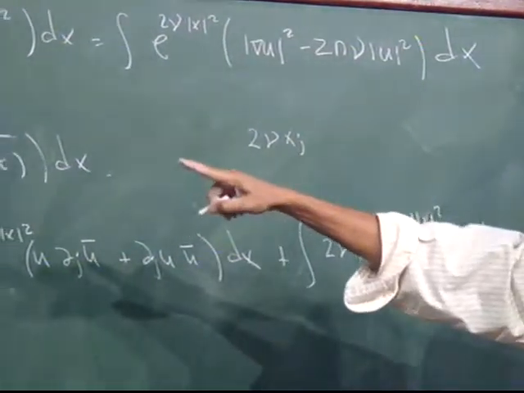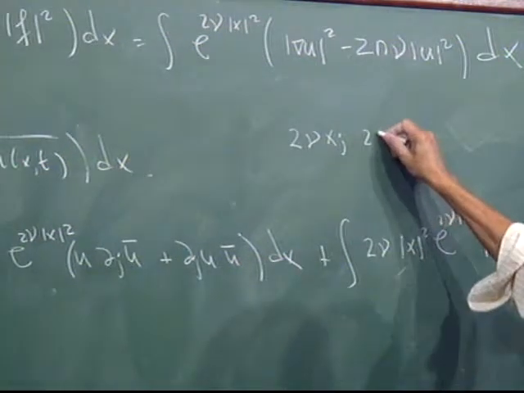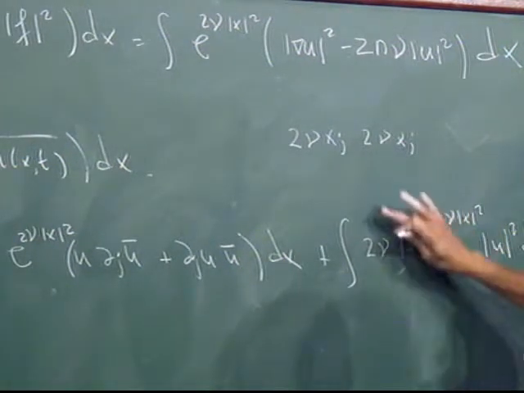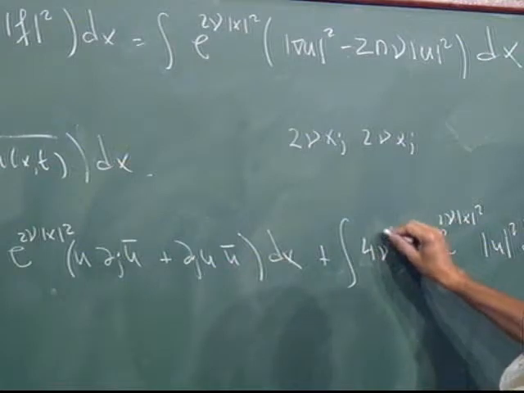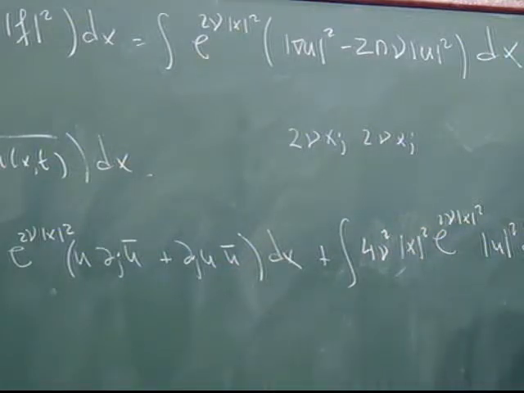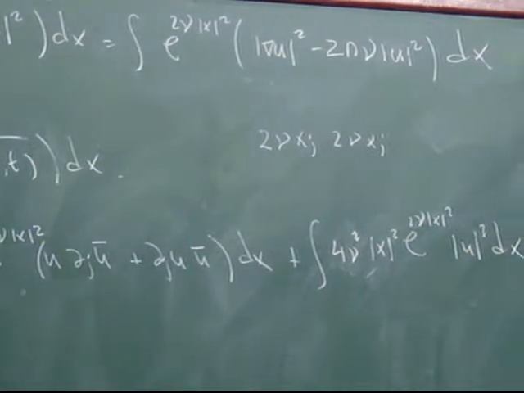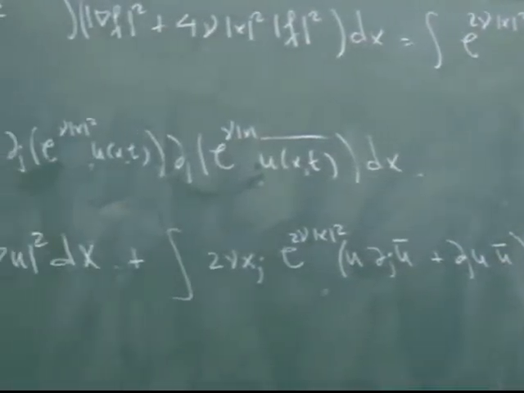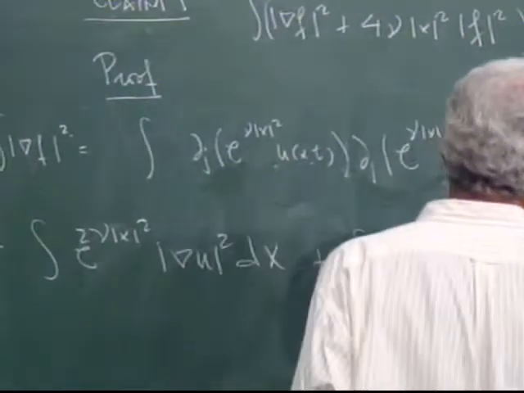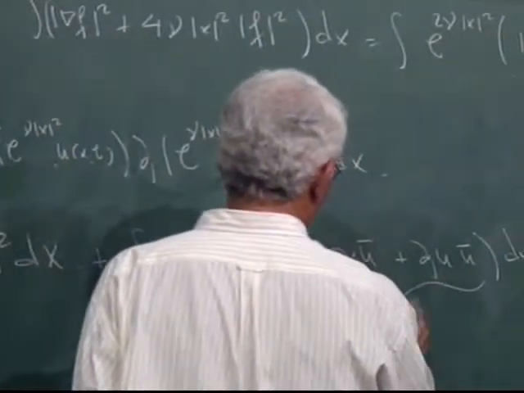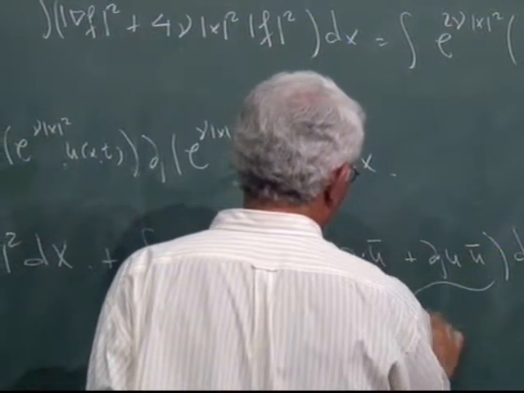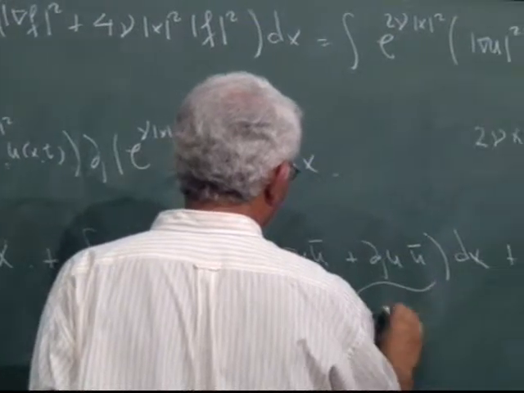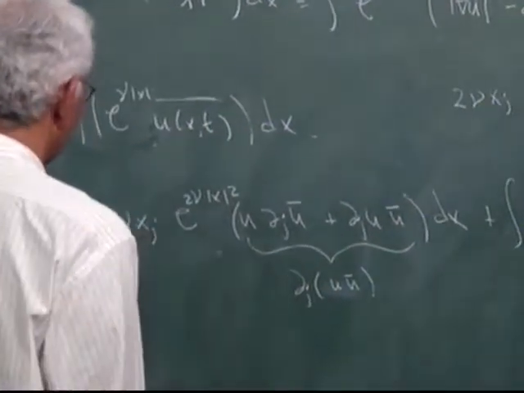Okay, let's see, you have twice this multiplied by this, right? And then this is 4 squared, and you add this, you have this. Are you with me? Okay. This is the derivatives of u times conjugate, then integrate by parts here once, right?